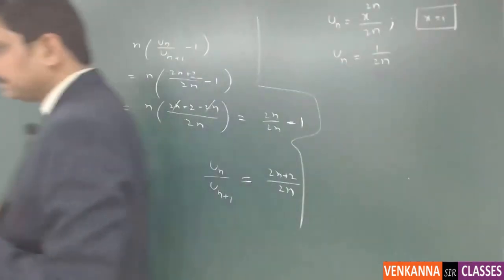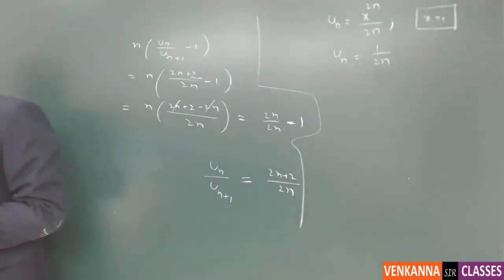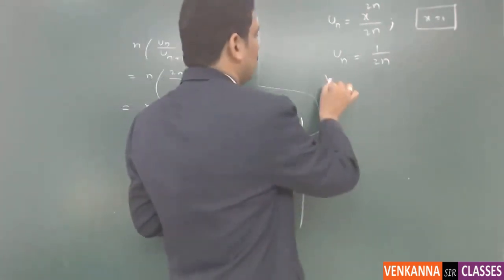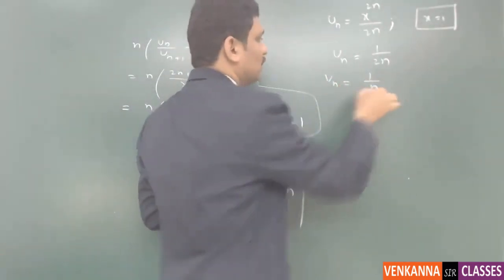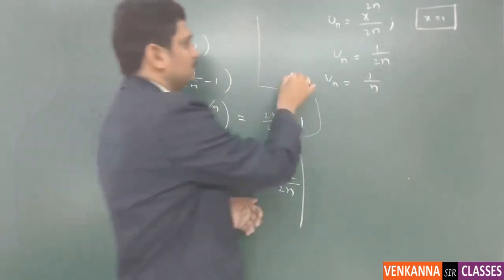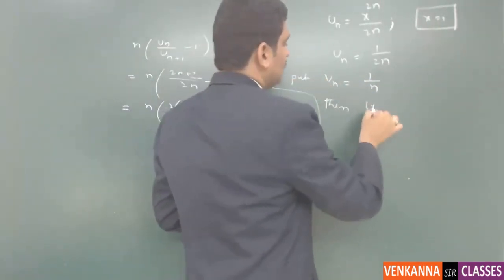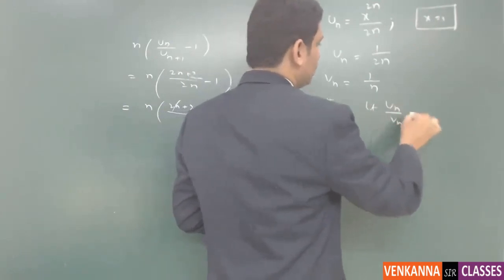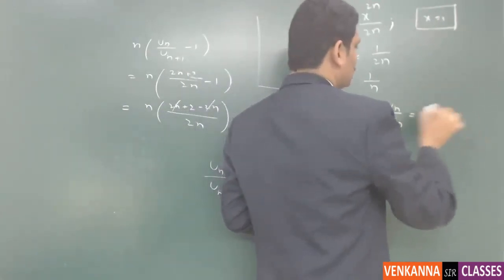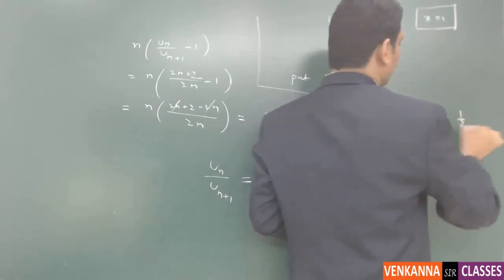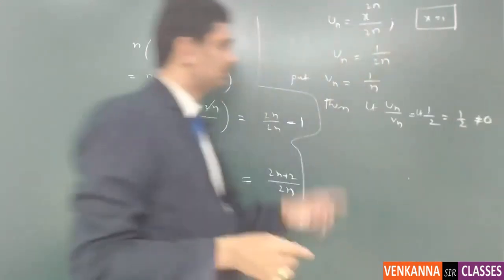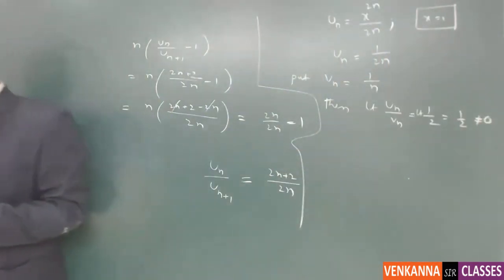Say yes or no. Now I am going to apply the limit comparison test here. So I can say that if I take Vn is equal to 1 by n, then limit un by Vn is equal to 1 by 2, not equal to 0. Would you accept?